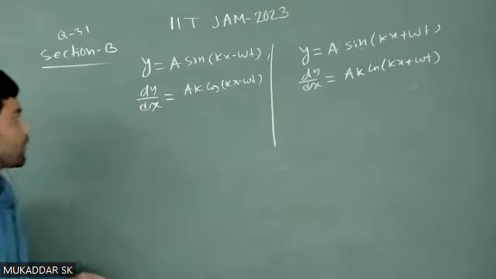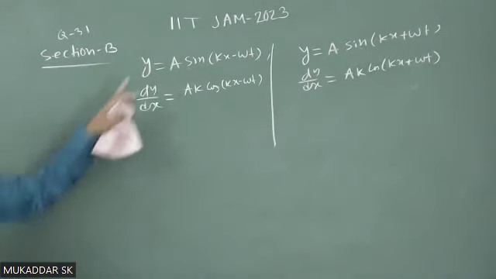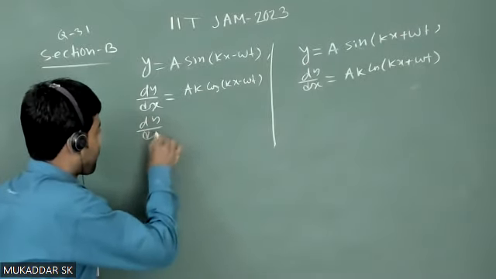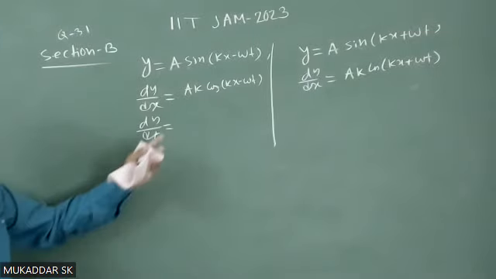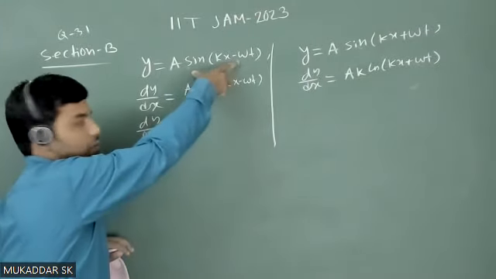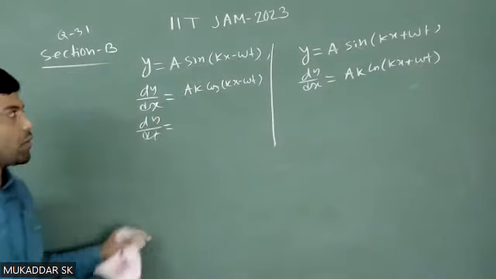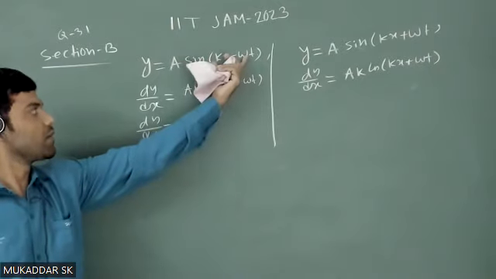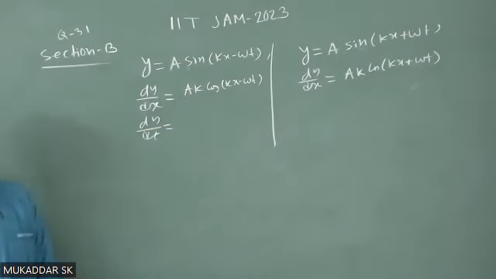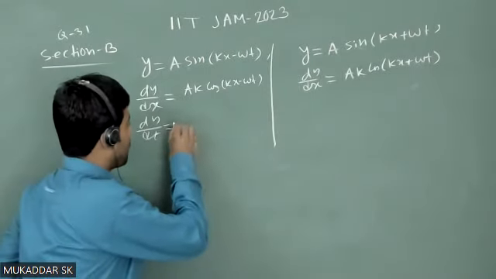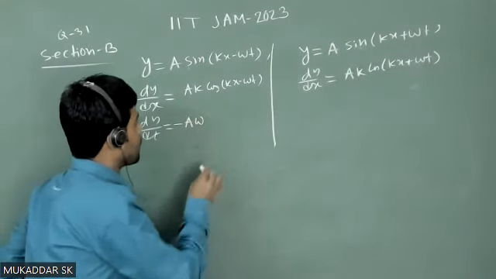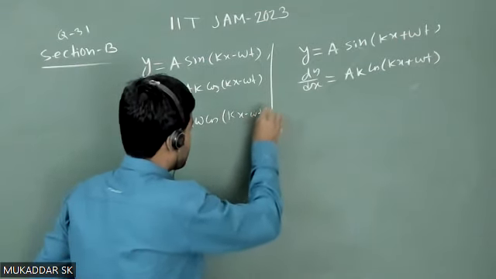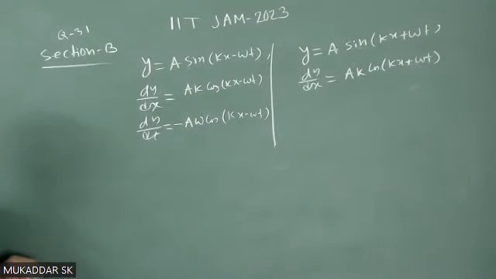Now, if I differentiate this displacement with respect to time, dy by dt, this sine will convert to cosine. If you differentiate the phase factor with respect to time, that will provide minus omega. So basically you will have minus a omega cosine of kx minus omega t.